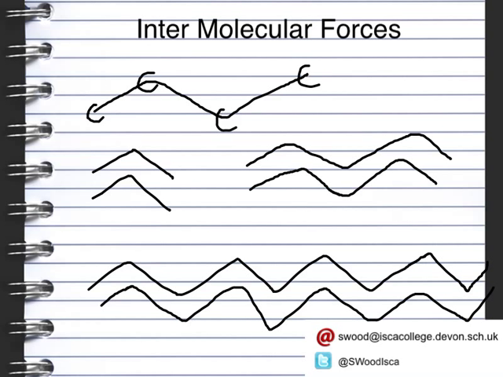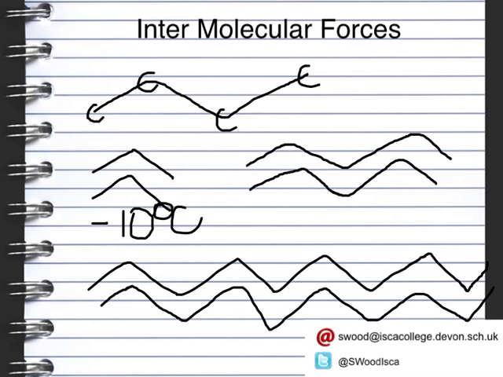Now the more intermolecular forces there are, the higher the boiling point will be. So for example, this, which is butane, might have a boiling point of around about minus 10 degrees.